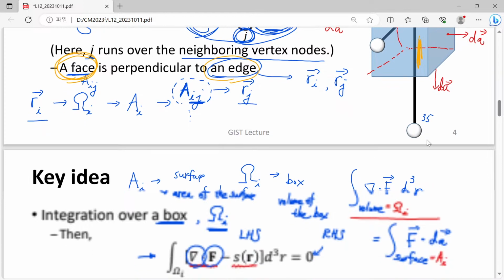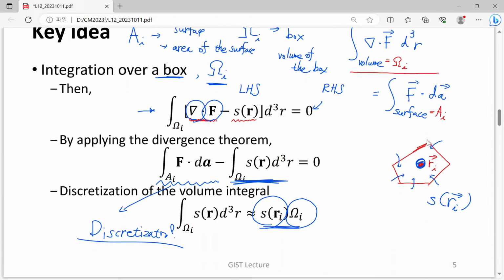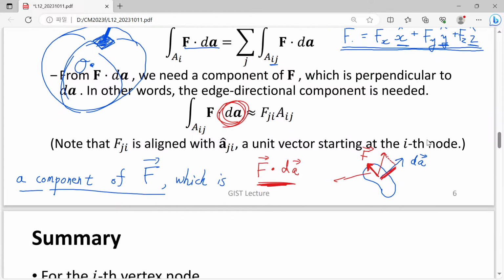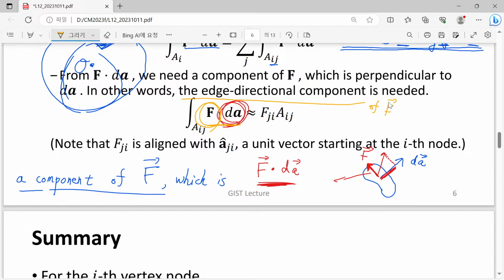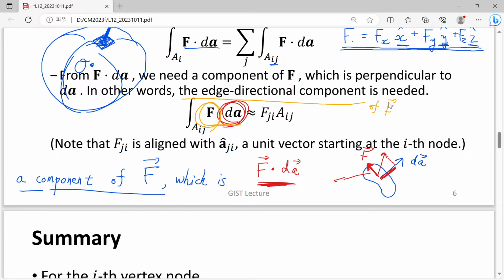This is really an important observation. By using it, we don't have to care about the component of F which is not aligned to this surface normal direction or edge direction. We only need to calculate the edge-directional component of F. That is quite an important observation.